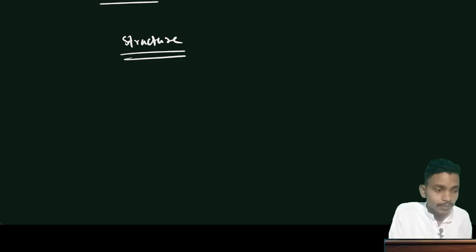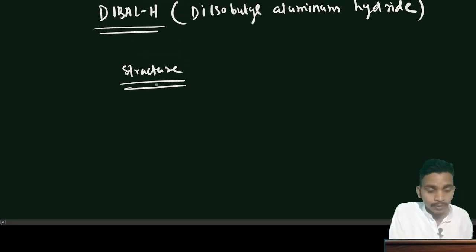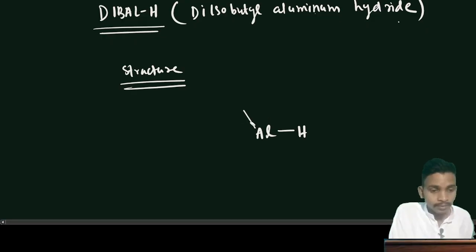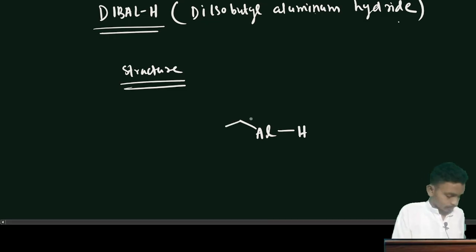How is the structure? If I talk about the structure of this DIBAL-H, you see diisobutyl aluminum hydride. Aluminum hydride means aluminum is there and hydride is there. With that, diisobutyl means isobutyls will be there.